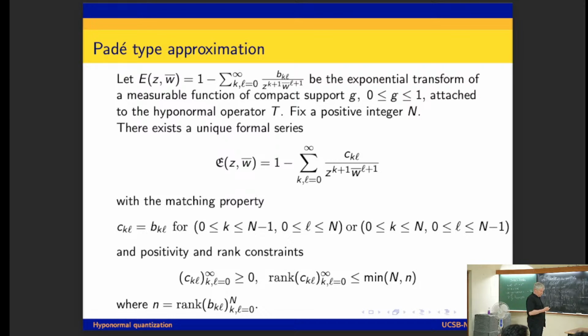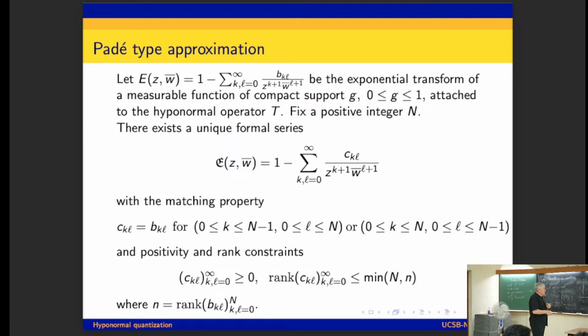You take this exponential transform, and what do you do? You truncate, as we did in the case of the disk, we truncate the formal series. Take it on a fixed degree, n. And then we try to extend it to a vanishing determinant by choosing possibly some other entries.